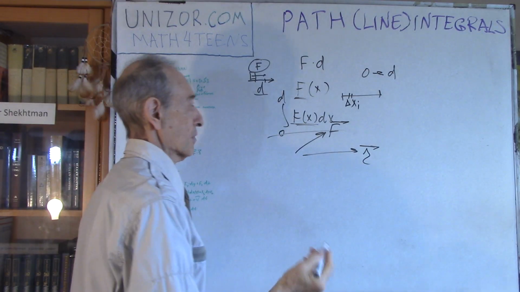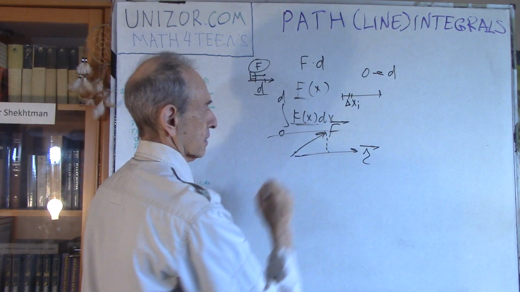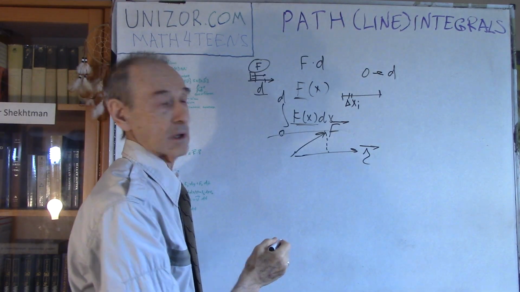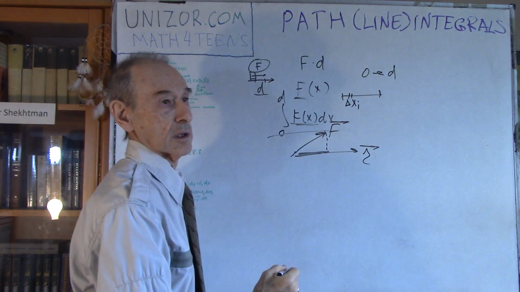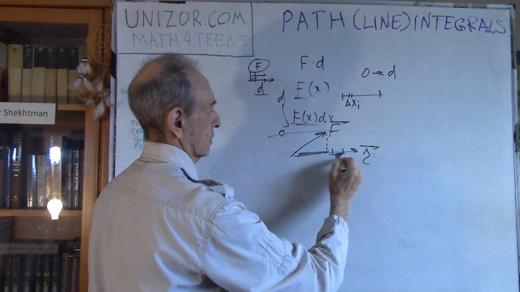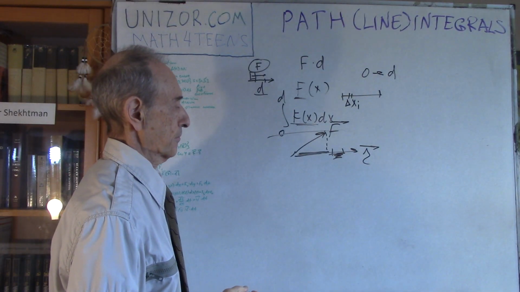Well, if you remember physics, you just have to project the vector f of the force onto the vector of direction and multiply this by the corresponding amount of road which you have covered.